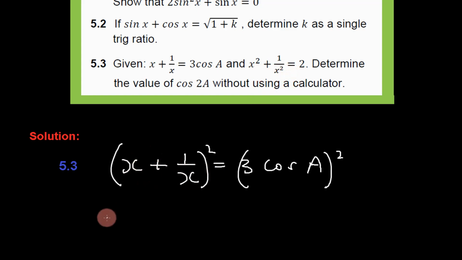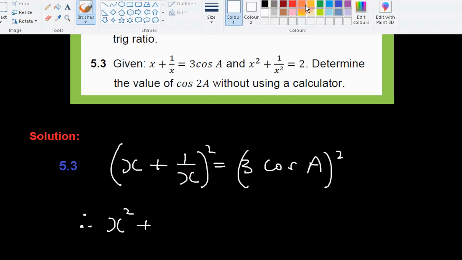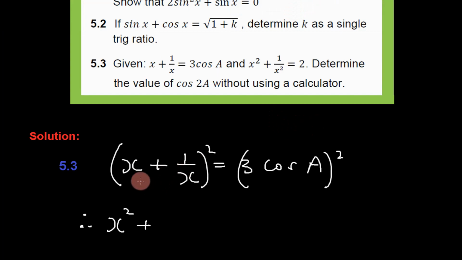So squaring out the left-hand side, it's the first term squared. Then the sign, so a plus. Then it's the first term times the second term times 2. So if we take the first term times the second term, so it's x times 1 over x, and then multiplied by 2, we see that the x's cancel here, and we're left with 2.